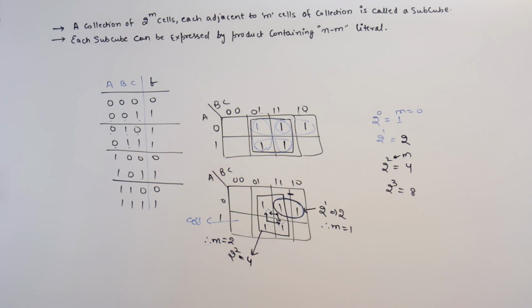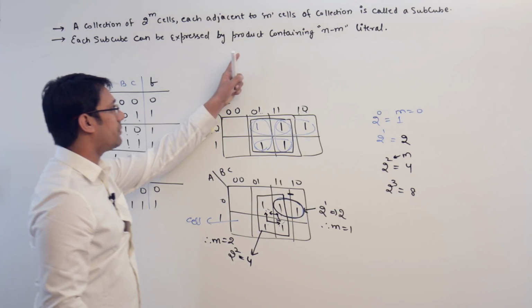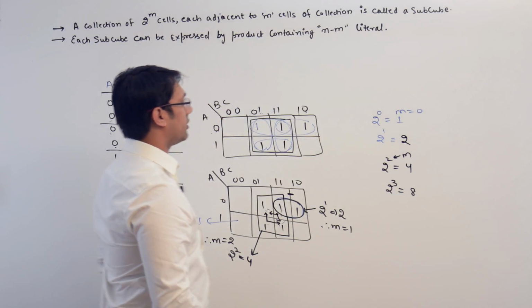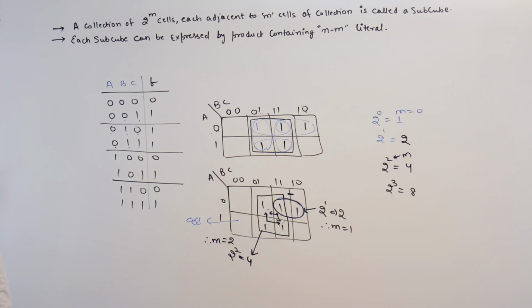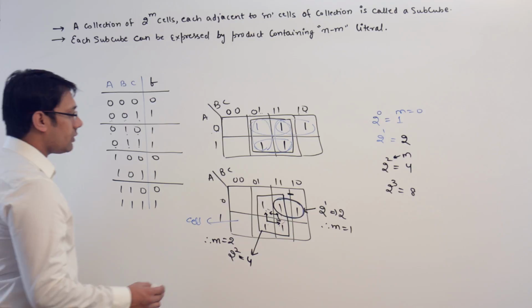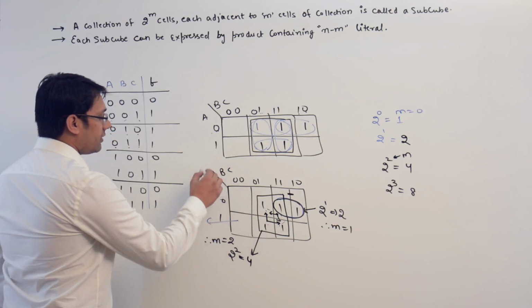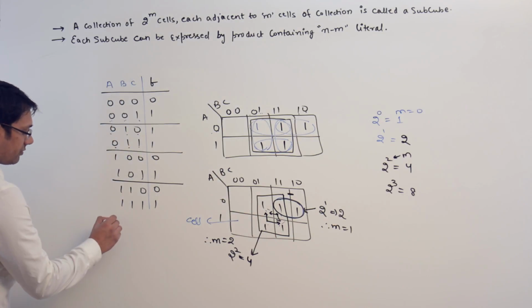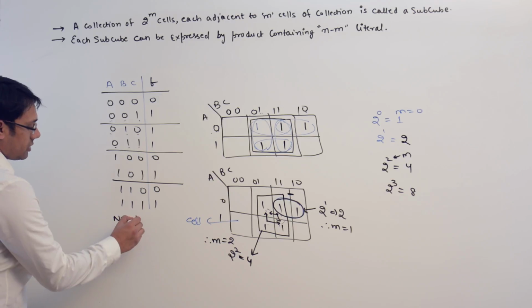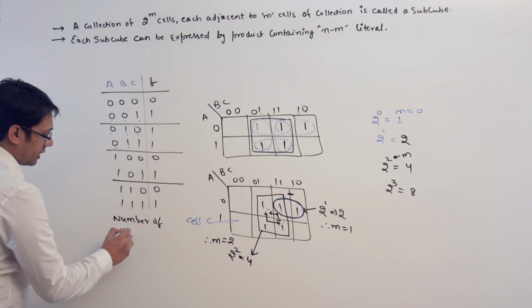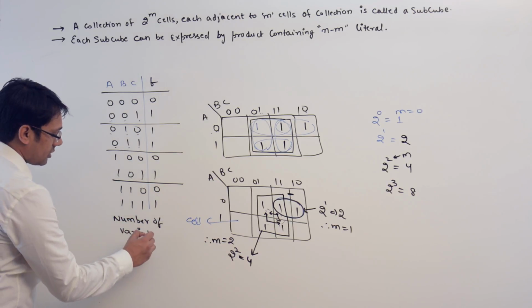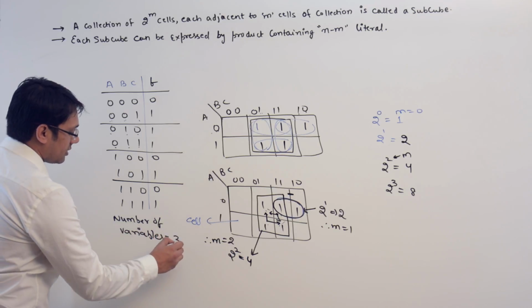Each subcube can be expressed by a product containing n minus m literals. For example, how many variables are there? The number of variables in this case is 3.